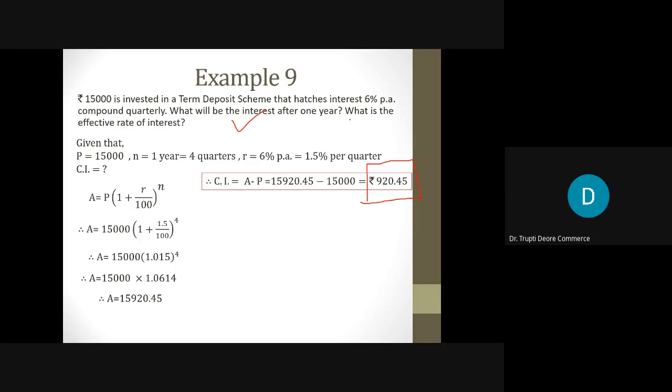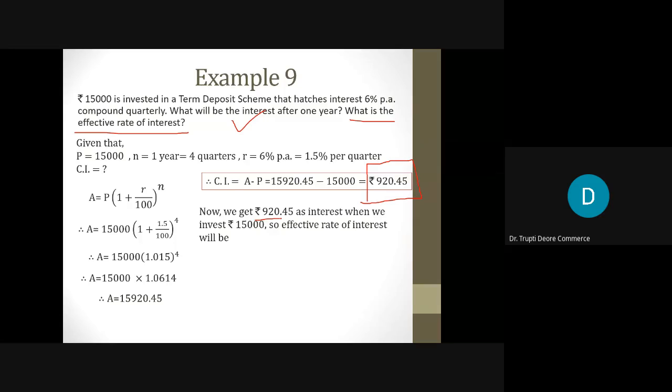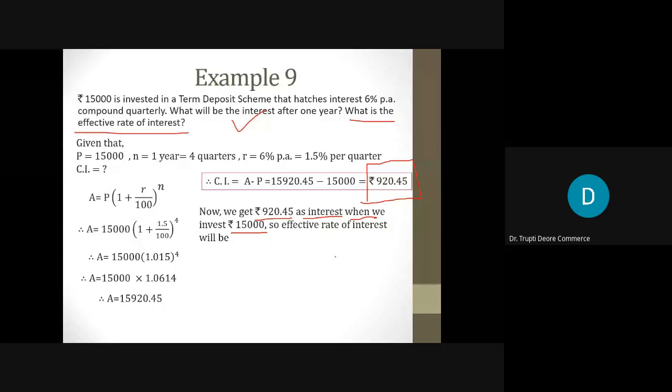First, our answer has come. And next, what is the effective rate? How do we find the effective rate of interest? We compare the interest we got with the investment. How much have we invested? Rupees 15,000. After investing 15,000 we get interest of 920.45. So the effective rate will be, we compare the investment with the interest. So for 15,000 investment we get 920.45 as interest. So for 100, how much will we get? By cross multiplication, 100 into 920.45 divided by 15,000, we get the answer 6.13.